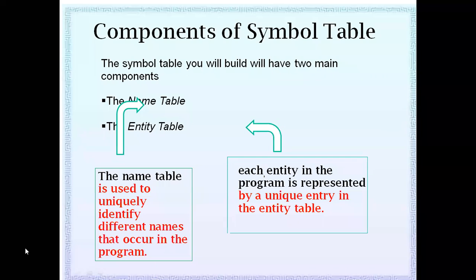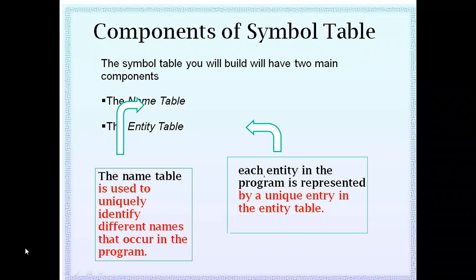And in the entity table, each entity in the program is represented by a unique entry. These are the two most important components of the symbol table that we use for generating symbol tables from the program, right?